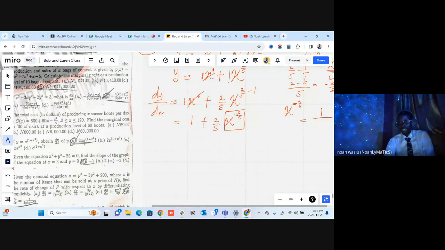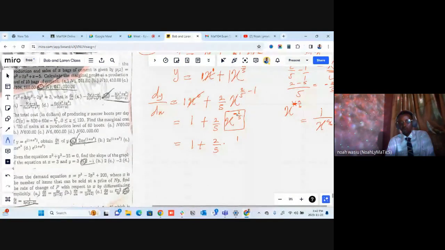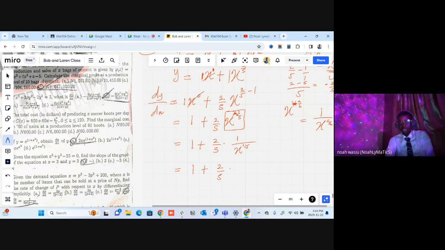Please take note. So I've used this minus as 1 over, and what I have left is x to the power of 3 over 5. So that will be equal to 1 plus 2 over 5 times 1 over x to the power of 3 over 5.